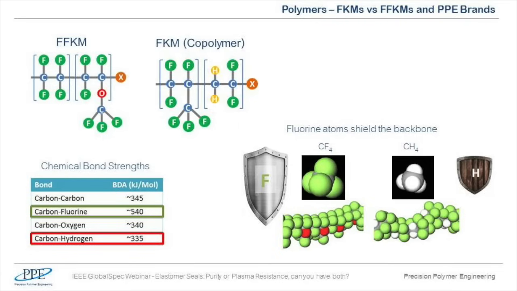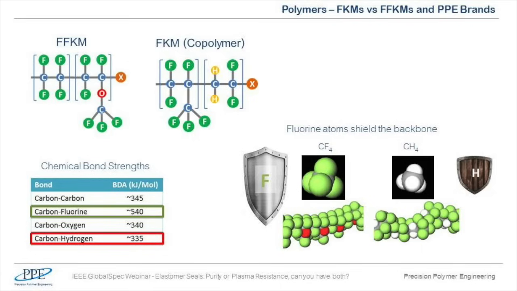We also need a cross-linking site, which is used to join one polymer chain to another, which then gives the elastomer its rubber-like properties: the ability to be stretched or compressed through a force to create a sealing force, and then recover its original shape once the force is removed.